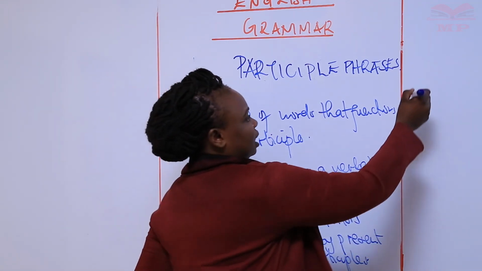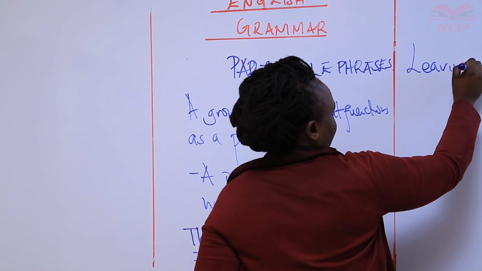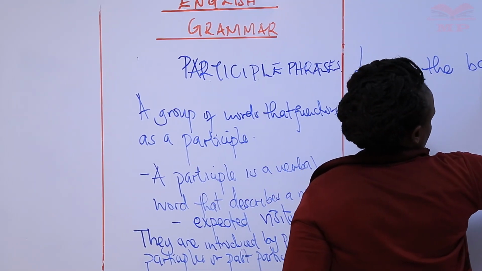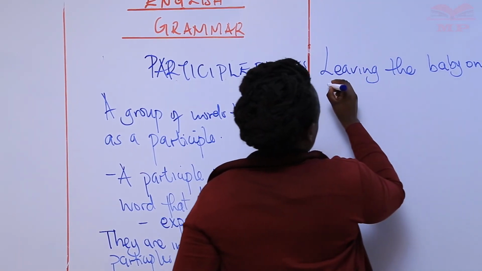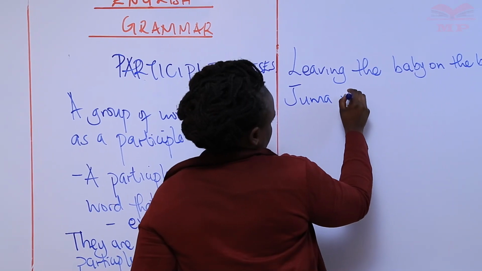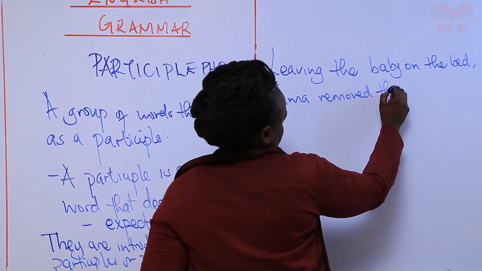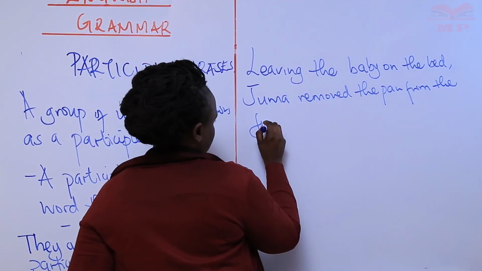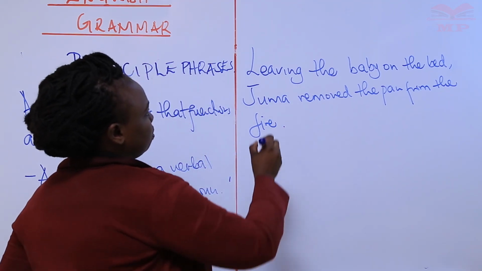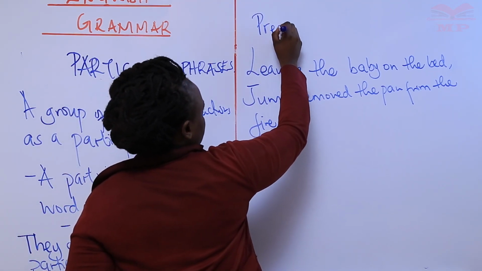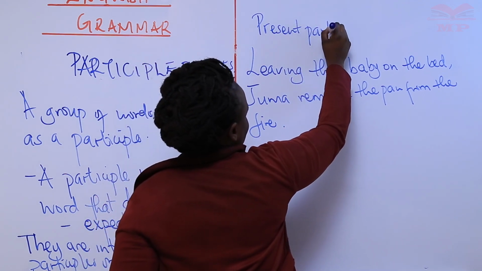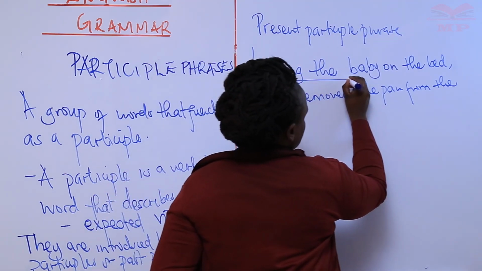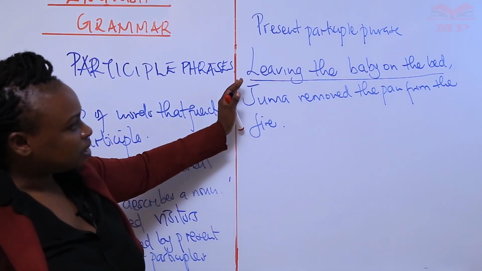For example, leaving the baby on the bed, Juma removed the pan from the fire. So this is an example of a present participle phrase. So that we have leaving the baby on the bed as a present participle phrase.